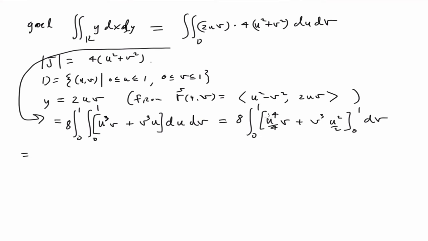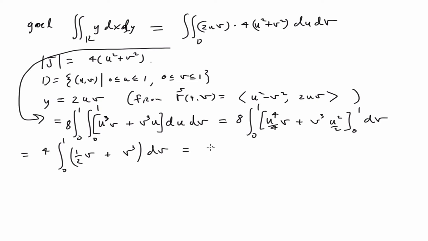I'm going to factor out a 2, so that becomes a 4. And then we have 1/2 v plus v to the third power, dv. All right, we're looking good.